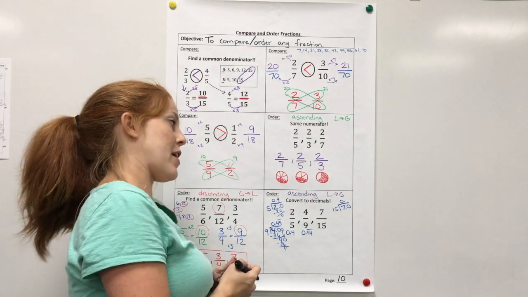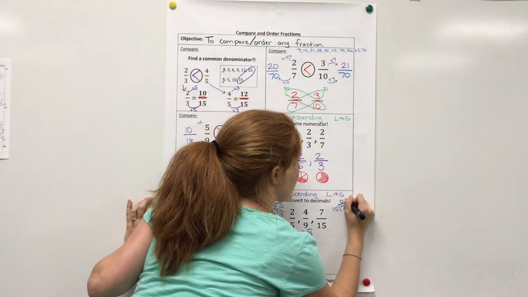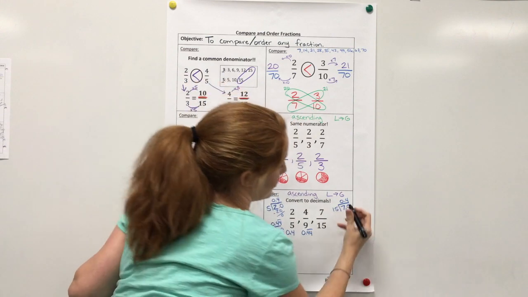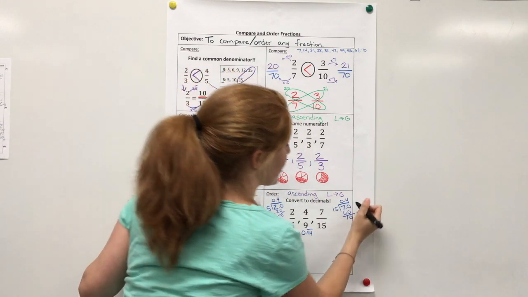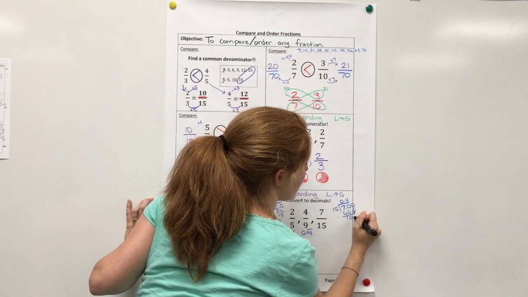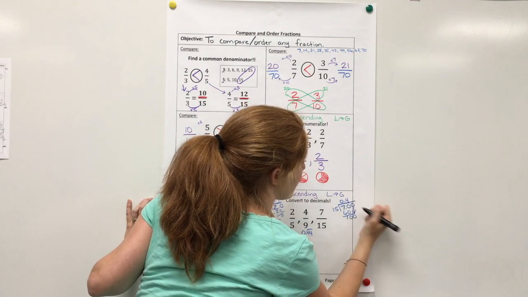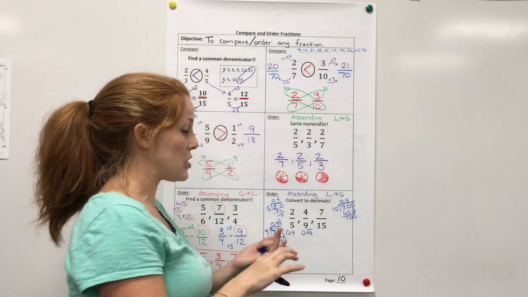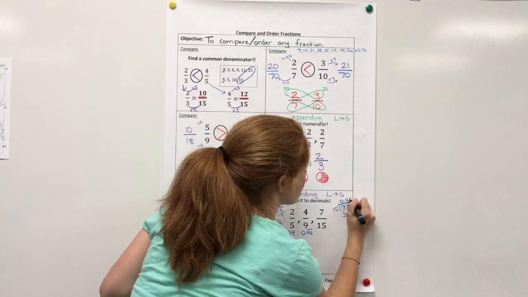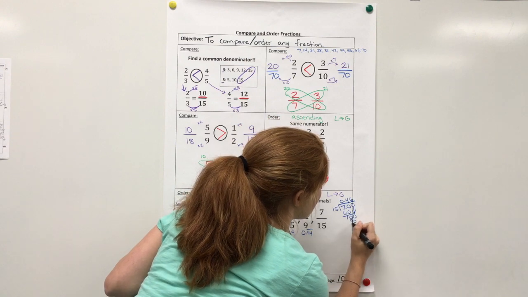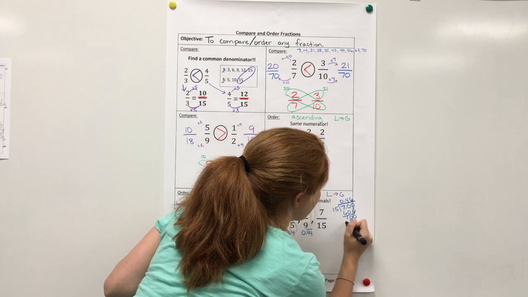And now I need to do 7/15. 15, 30, 45, 60. So that's going to go in 4 times. A lot of 4s here. That's 10. I'm going to add a 0, bring it down. All right. 15, 30, 45, 60, 75, 90. That's going to go in 6 times. 100 minus 90 is 10.